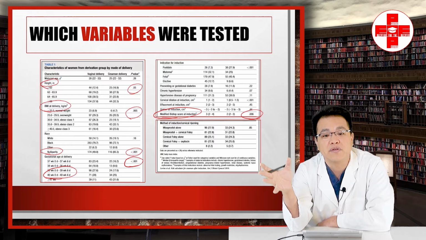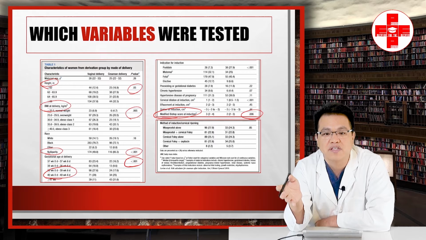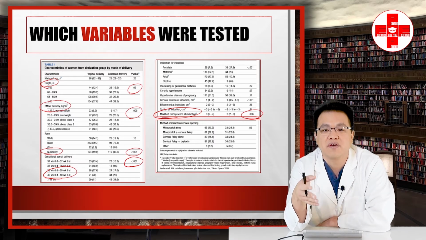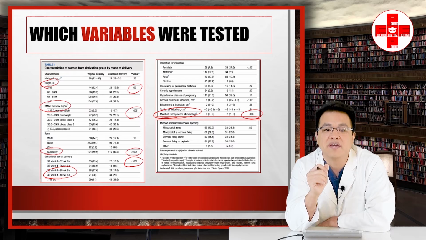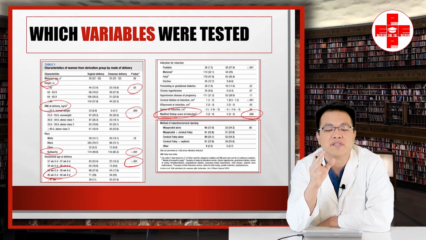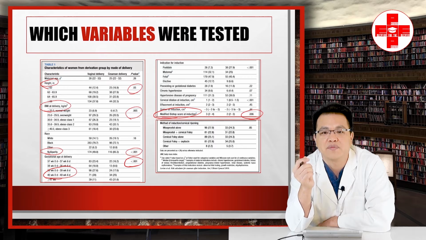On a side note, there is a separate VBAC calculator for patients who've had a previous C-section who wish to undergo a trial of labor after C-section in hopes of delivering vaginally with a previous history of a C-section. And we can talk about that in a separate episode. But continuing with variables for this calculator, the gestational age above or below 40 weeks of gestation, and then the modified Bishop score.